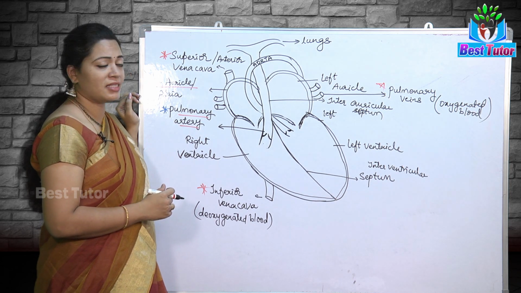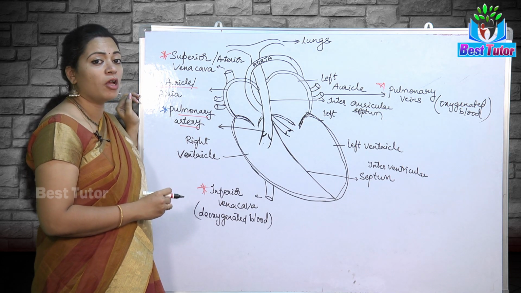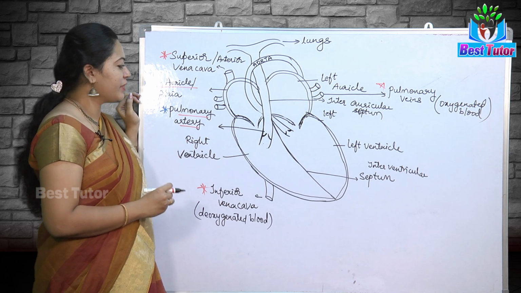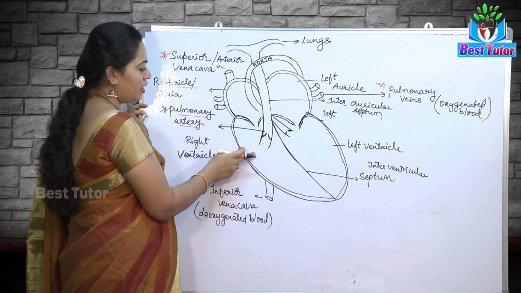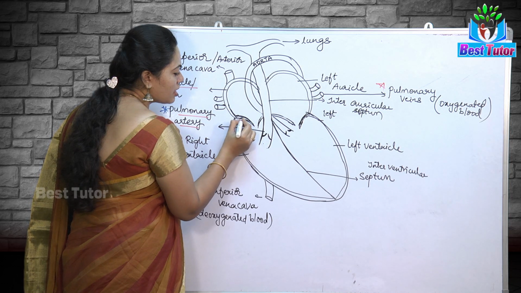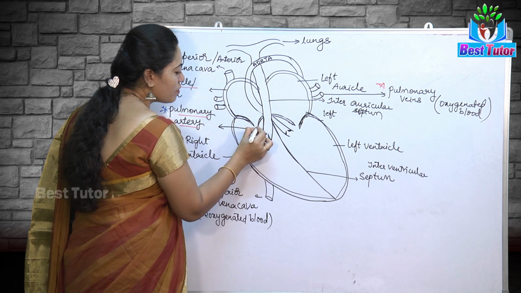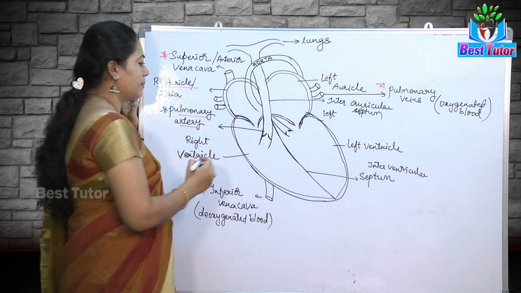Now I am going to discuss some other structures which are also present in the heart, allowing for the free flow of blood in the heart. Now as you all know, the right auricle and right ventricle are separated. They have certain walls in between them. These walls are known as auriculoventricular walls.